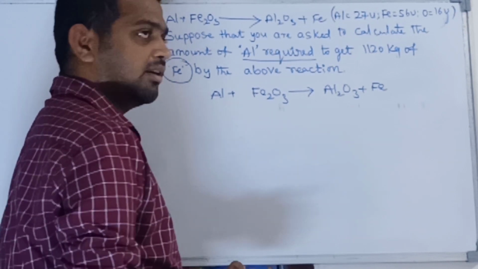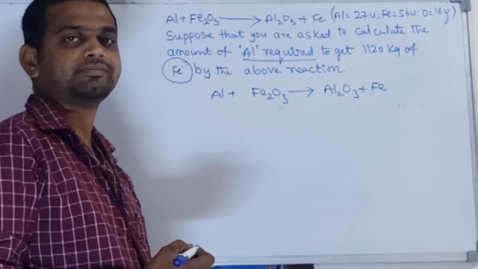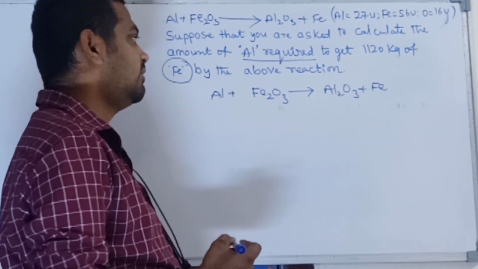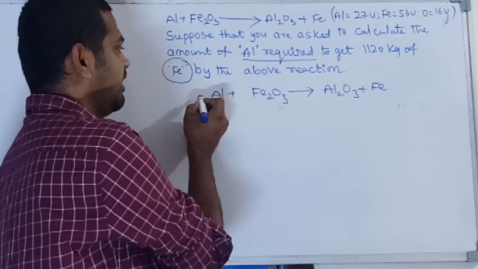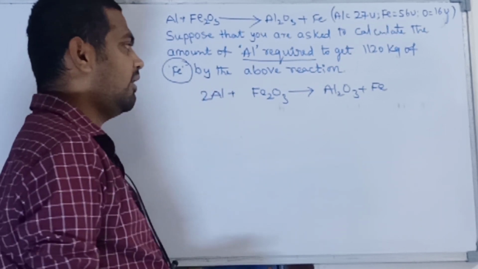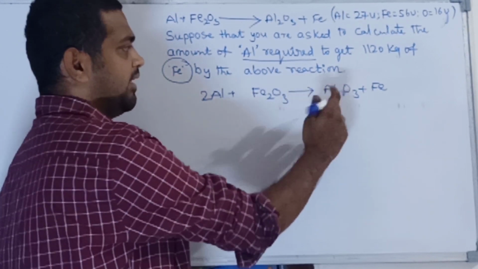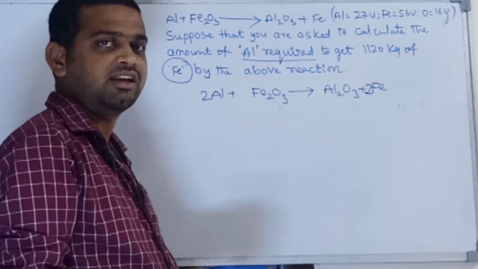It is the unbalanced chemical equation, which is a skeleton equation, also called the primary equation. So in order to balance the chemical equation, now here I make the formula units of aluminum as 2, and there the formula units of iron are 2. By means of that, you will get the balanced chemical equation.